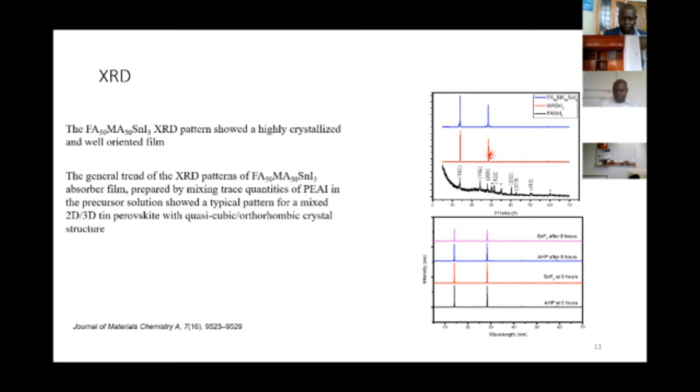So if we mix this and this, we have even improved crystallinity. That is one advantage and one motivation of mixing the two. But after mixing the two, we have these other small peaks here, which are just because of the PAI that we introduced.